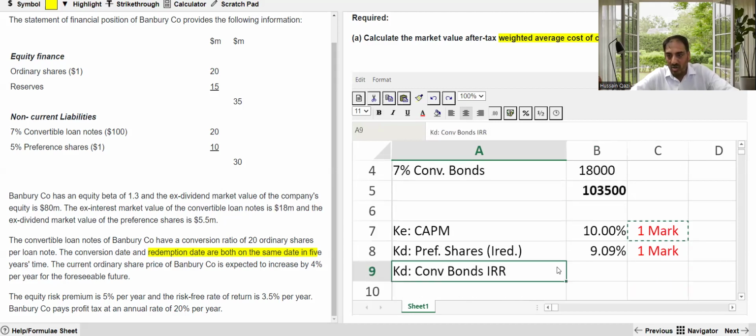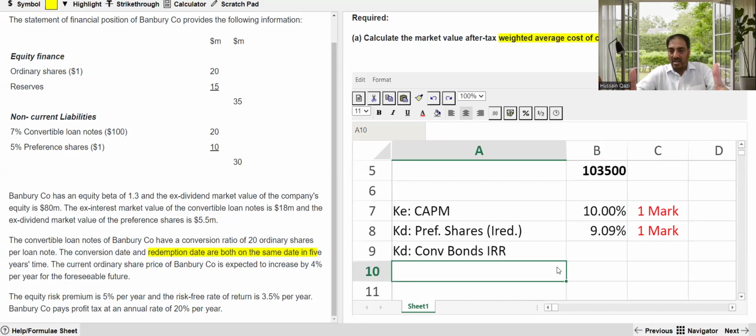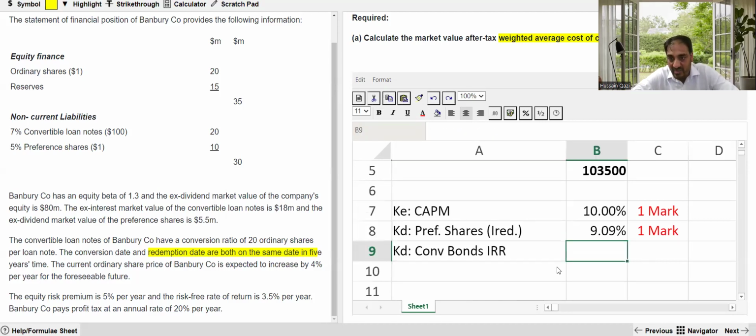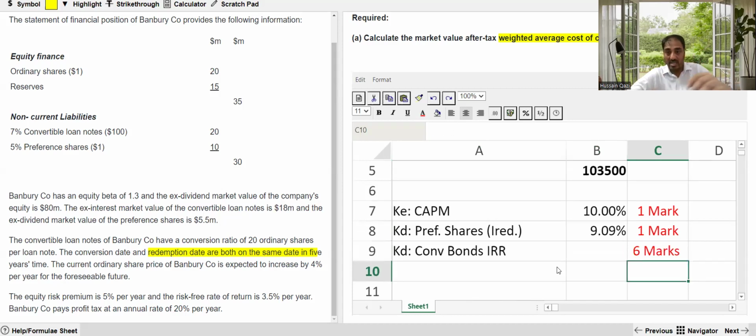So simultaneously we will also discuss how much marks allocated accordingly. By the way, for KD convertible bonds, examiner allocated 6 marks. I will let you know how the 6 marks allocated. Here total 10 marks, 6 plus 1 plus 1, plus 2 marks is the final calculation.